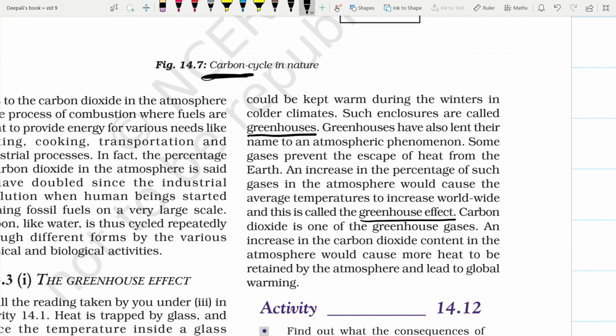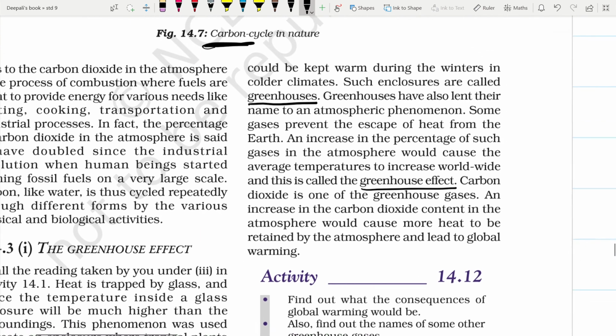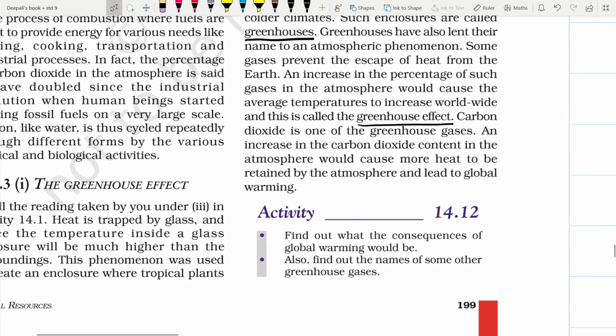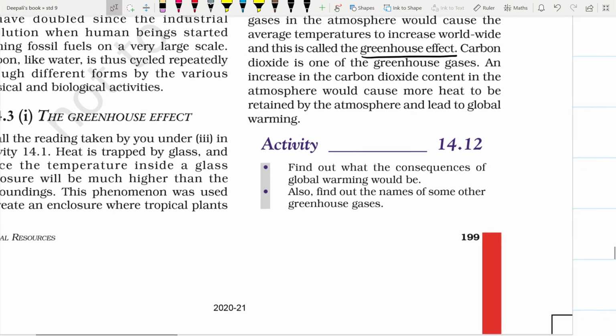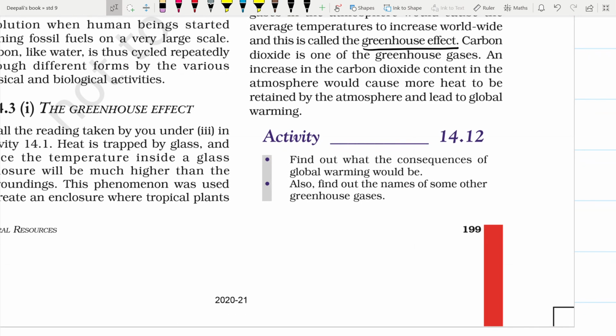Carbon dioxide is one of the greenhouse gases. An increase in the carbon dioxide content in the atmosphere could cause more heat to be retained by the atmosphere and lead to global warming. So, this is what the greenhouse effect is.